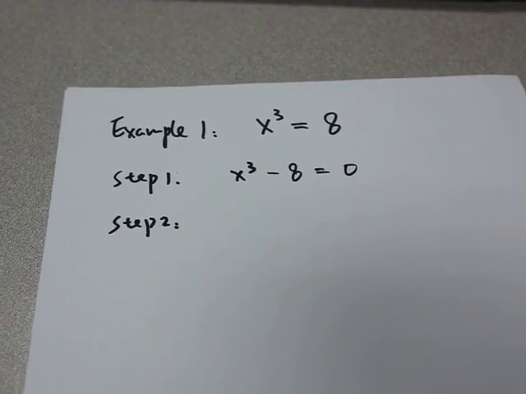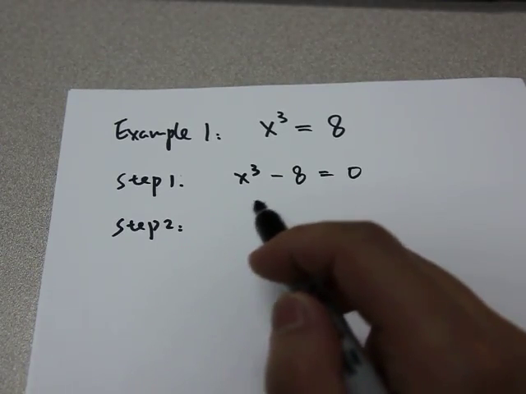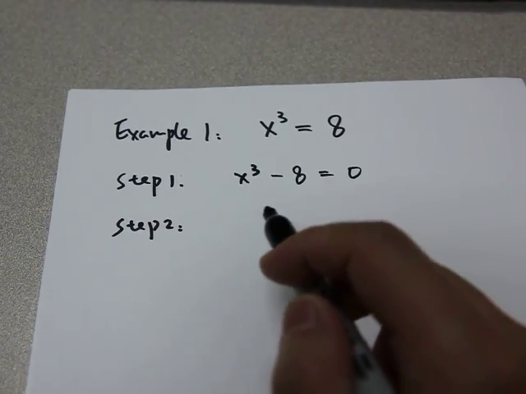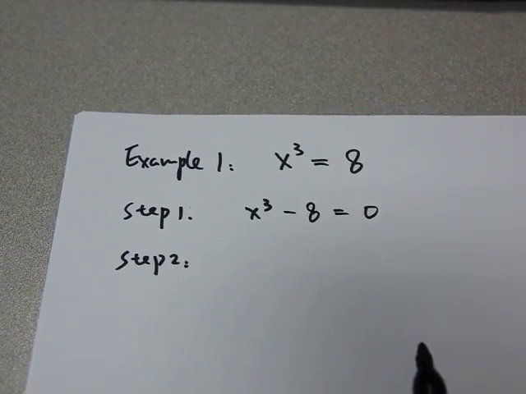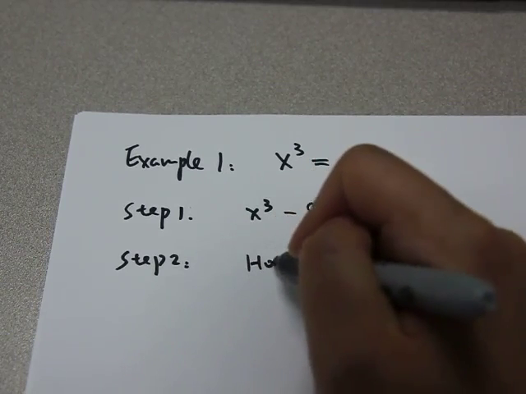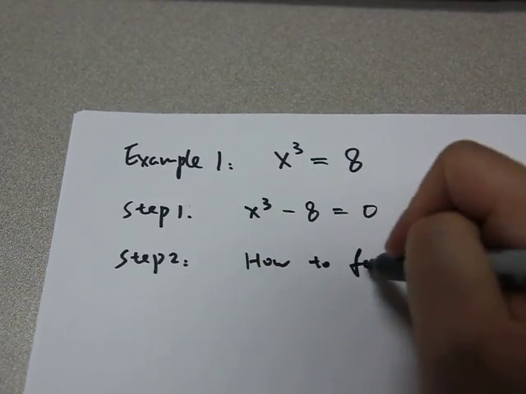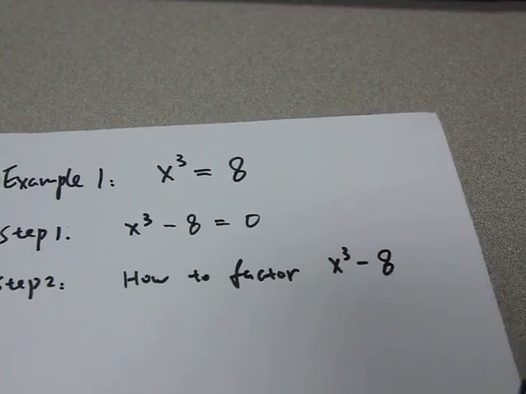Now let's look at step 2. For most of the time, step 2 is the most difficult part, because here you want to think about how we can factor this polynomial, x to the third minus 8.